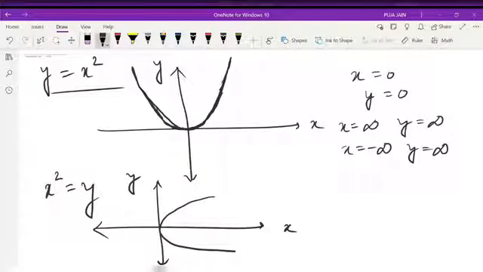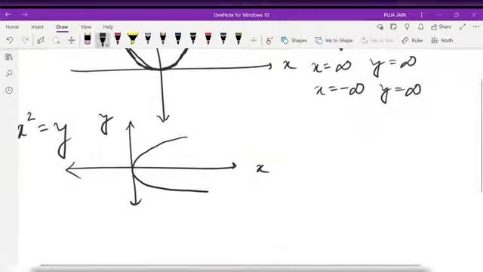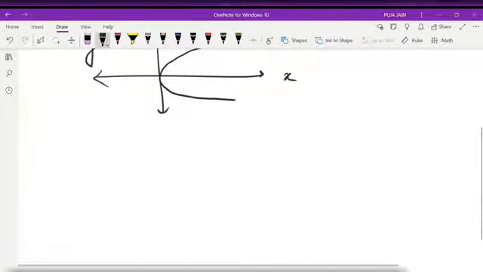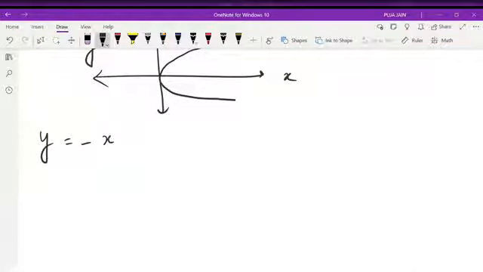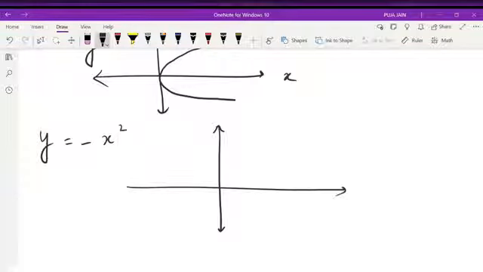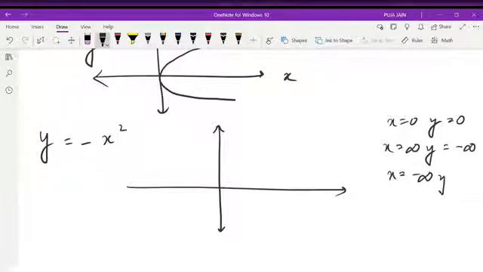Now if I say that y equals minus x square, then what will we get? At x equals 0, y equals 0. At x equals infinity, y equals minus infinity. At x equals minus infinity, y equals minus infinity, right?